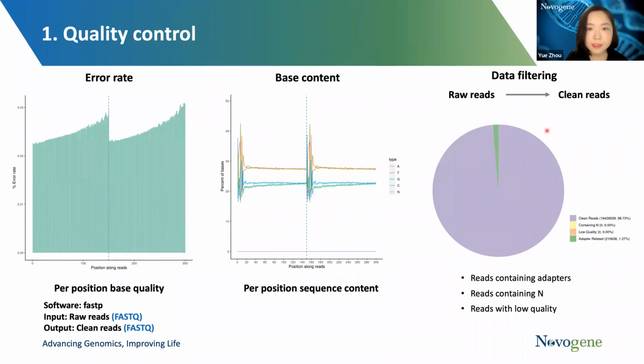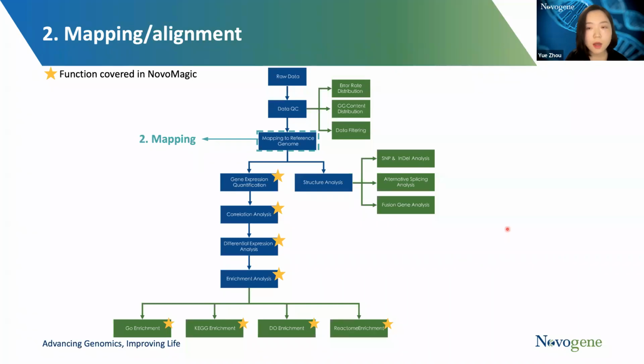Whereas for data filtering, we would filter out reads containing adapters, ambiguous reads, and also low quality reads, and then we will get the clean reads out of it. So after the QC, the clean reads will be ready for the next step, which is the read alignment mapping.